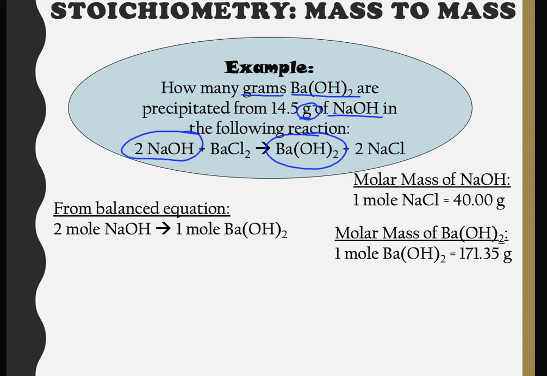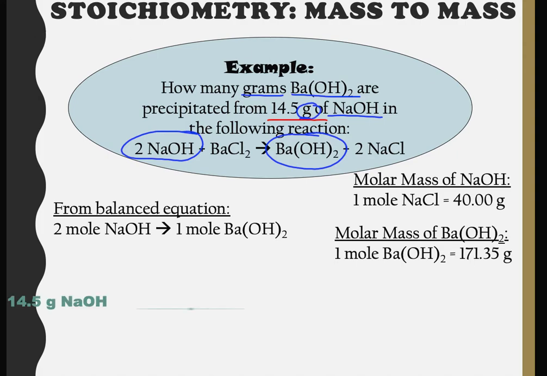The molar mass of sodium hydroxide is 40. The molar mass of barium hydroxide is 171.35. I figured those out just by adding it up at the periodic table. So once I have all of my pieces, now it's time to solve my problem. So I take what I'm given, and what I'm given in the problem is the 14.5 grams of sodium hydroxide.